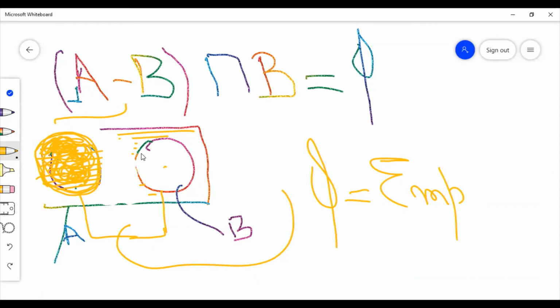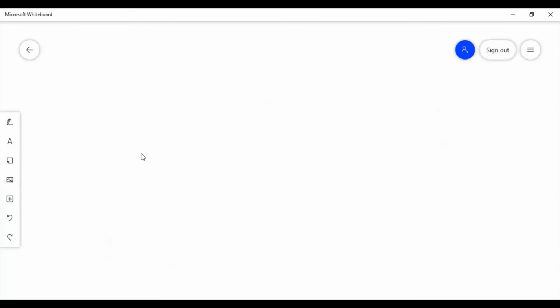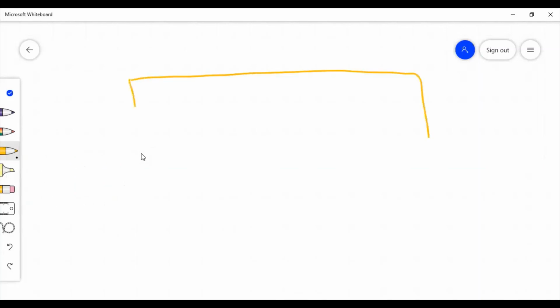But we will have to redesign it. If I refresh this, it must be in this way: this is our universal set.